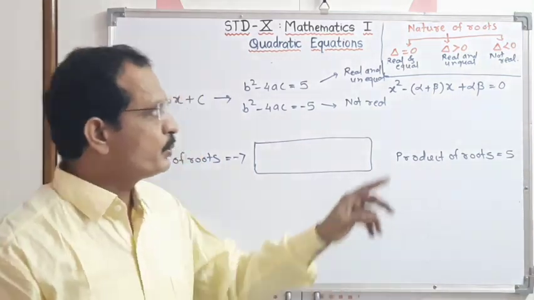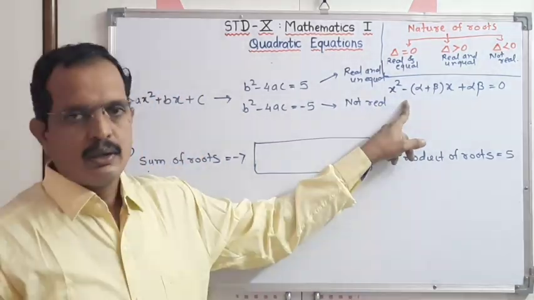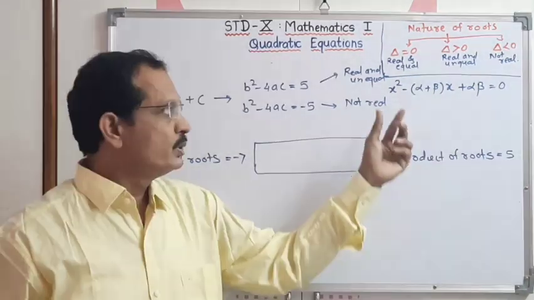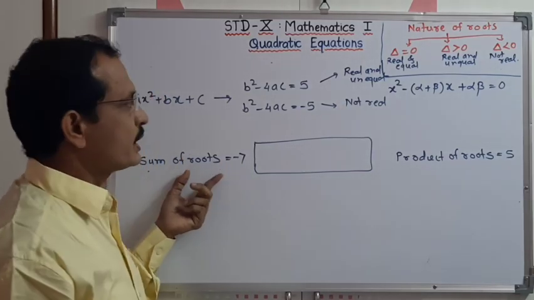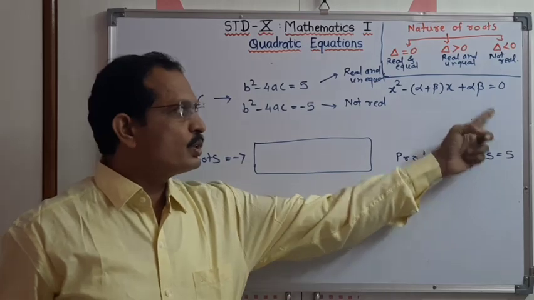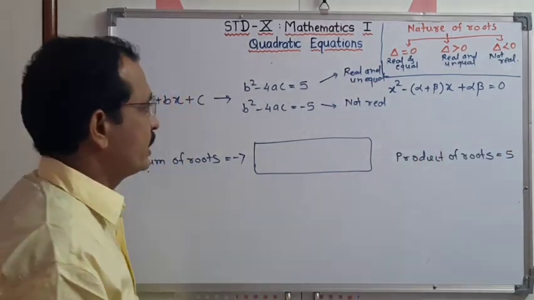That means we have to use the second property here, x square minus (alpha plus beta) x plus alpha beta is equal to 0. The sum of the roots is given, it is minus 7. Then the product of the roots is given and we have to frame the equation.